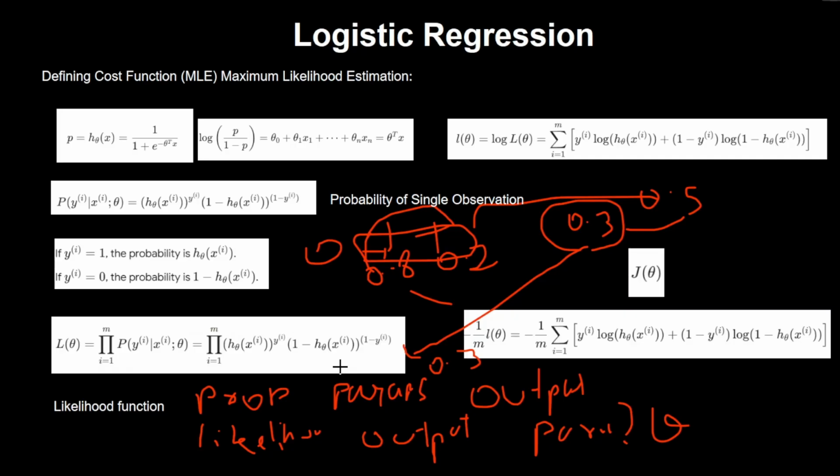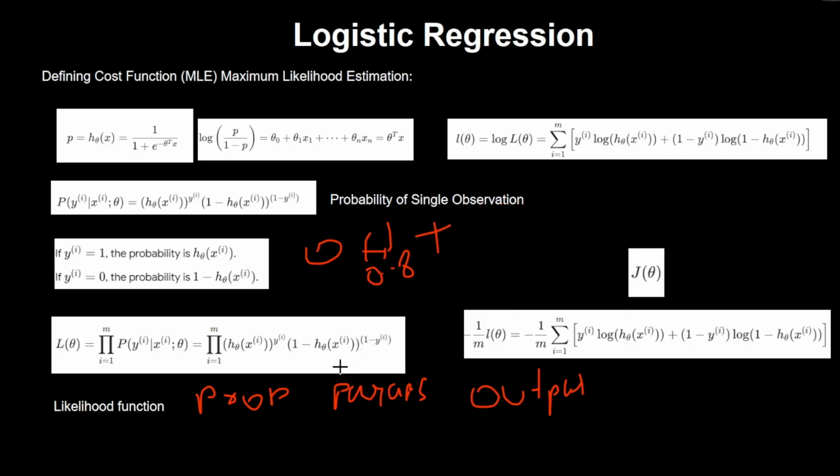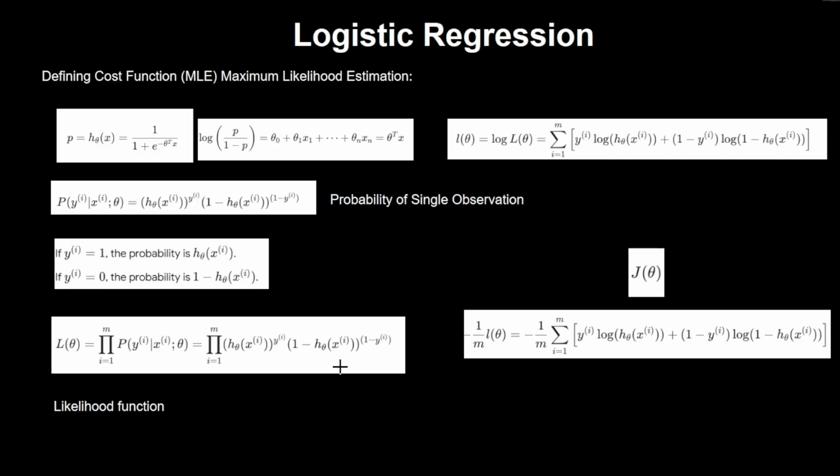So we're going to take the logarithm of the likelihood function. Before taking the logarithm, let's see what's happening here. Here we have the probability of the single observation. It's the same thing. We have this capital pi, which is multiplication, like in summation we have repeated sum.